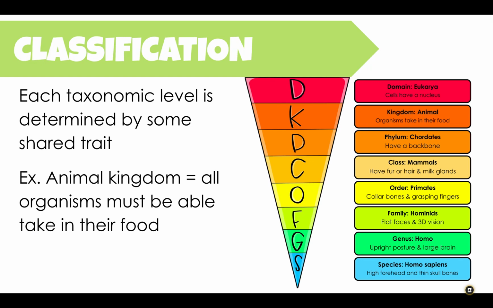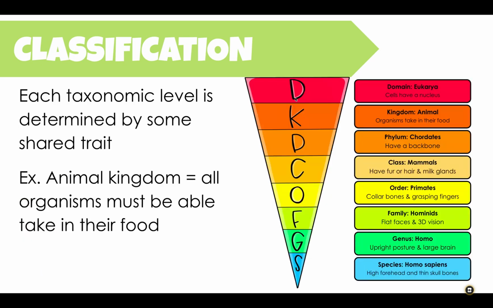And so when we talk about these classifications or groupings of organisms, there are these major levels that we use to separate out organisms based on some specific trait. So here we have kind of an acronym. There's lots of different mnemonic devices out there to remember the order.